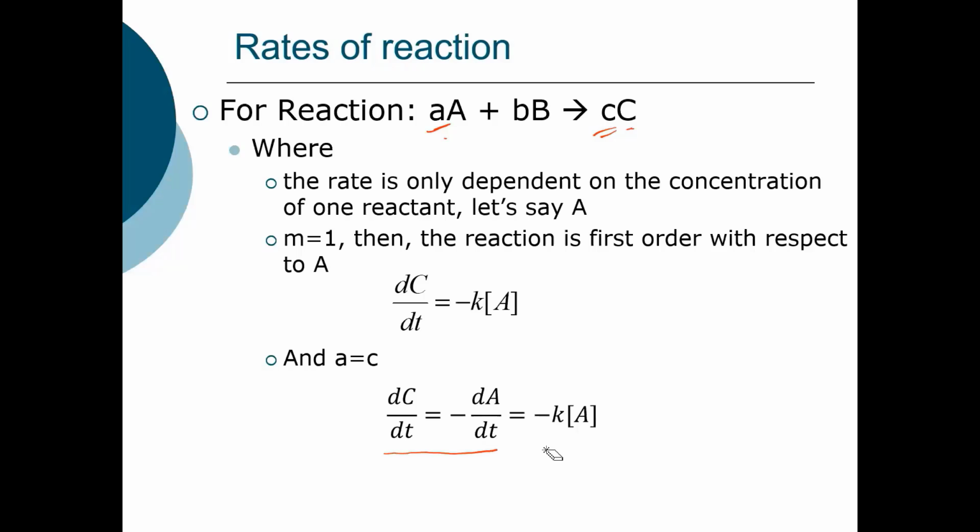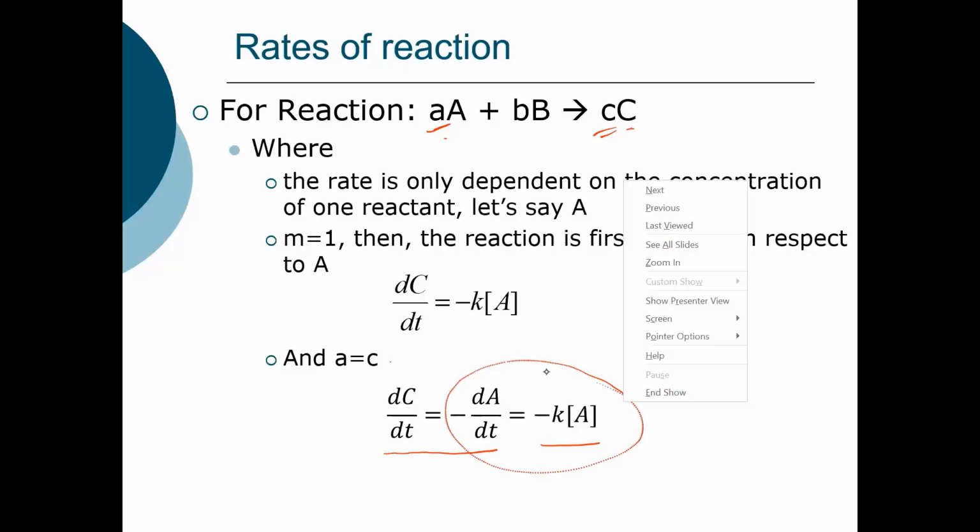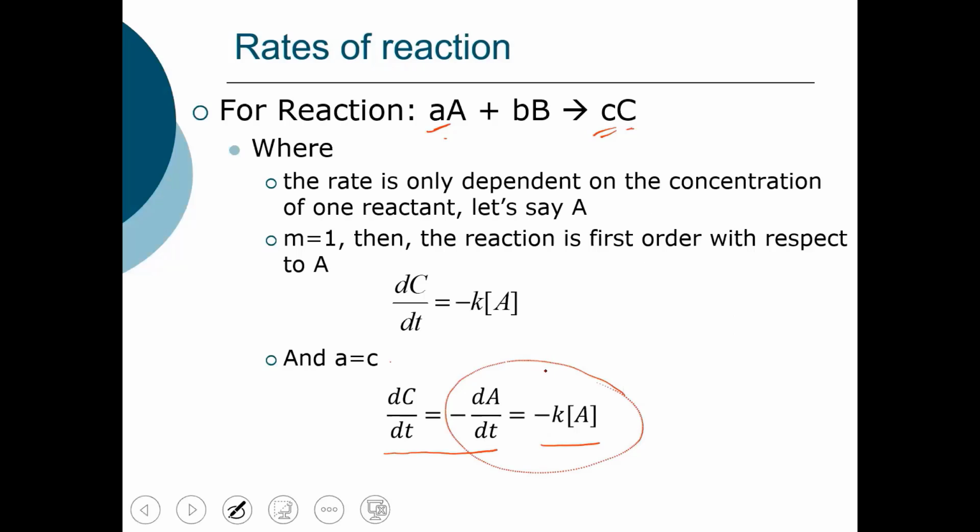And we can write this expression that change in A with respect to time is equal to minus k times A. This essentially is the expression that we will use throughout the rest of the course to describe first order rate expressions.